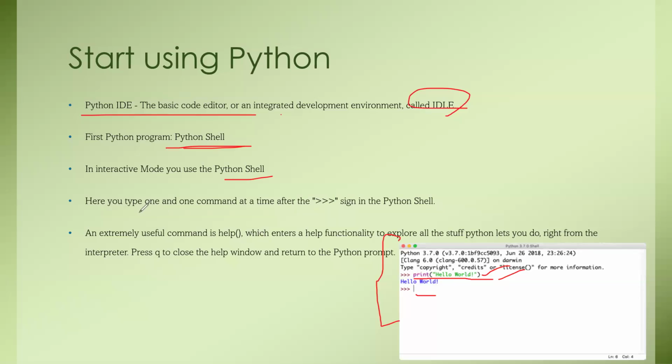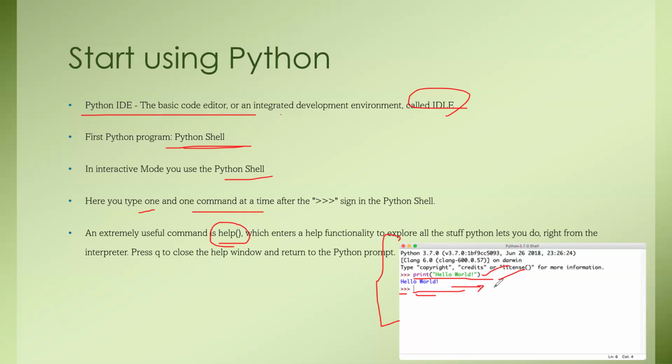And here you can type one command at a time. It is a command prompt. You can type only one command at a time. You cannot execute multiple commands. If you need any help on this, you can run the help function.